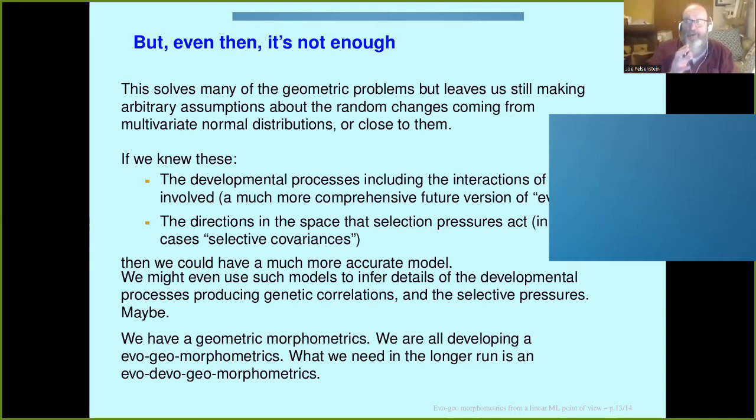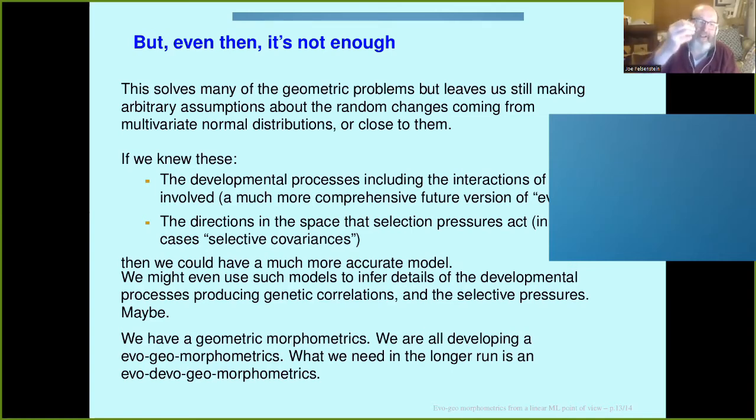So what I want to do, just finishing off, is dream about a future morphometrics that is not only geometric morphometrics, which has been going on up until now.